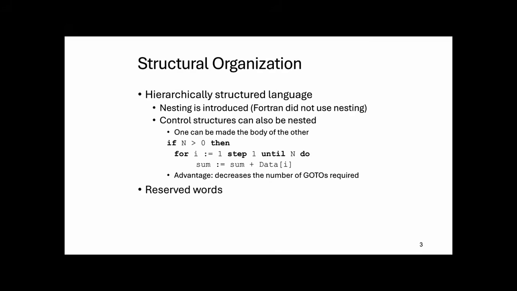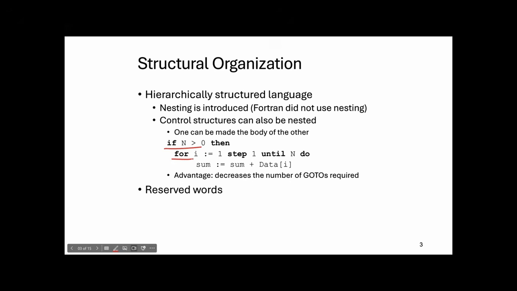So how is the language exactly organized? The language is hierarchically structured, and it allows nesting, whereas Fortran did not allow any nesting at all. The nesting and the hierarchical organization is one of the main characteristics of Algol. And the nesting itself can be used even for control structures. For example, you can have an if condition, and then you can have a for loop nested inside the if condition, and so on.